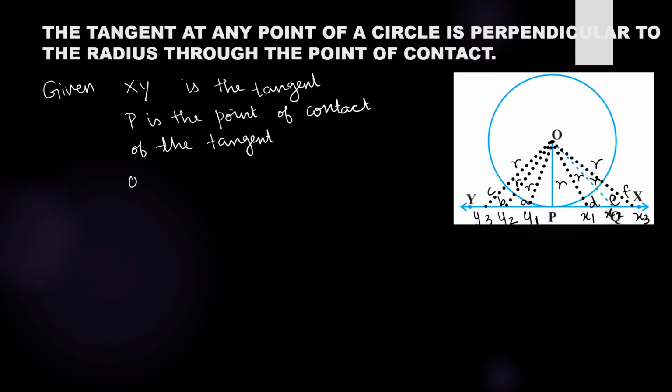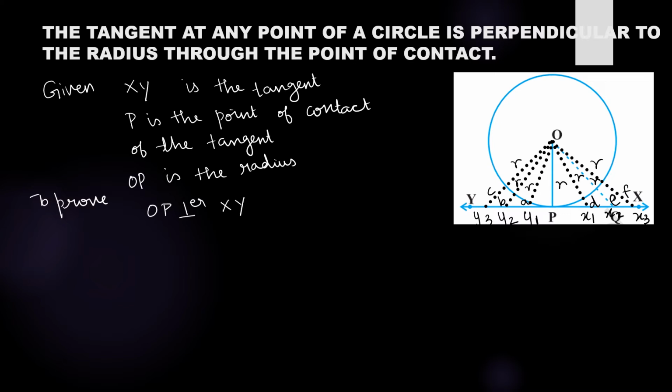OP is the radius. And what we have to prove is that OP is perpendicular to XY.